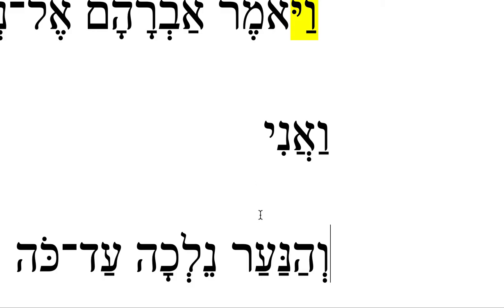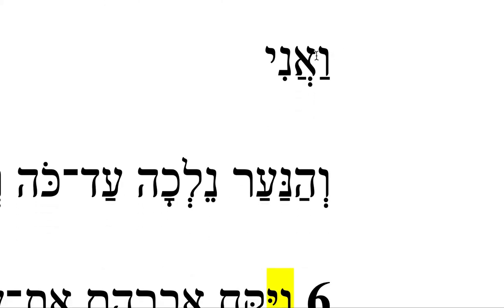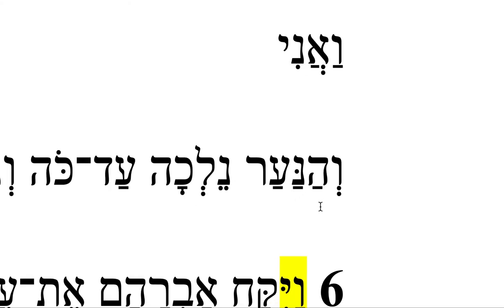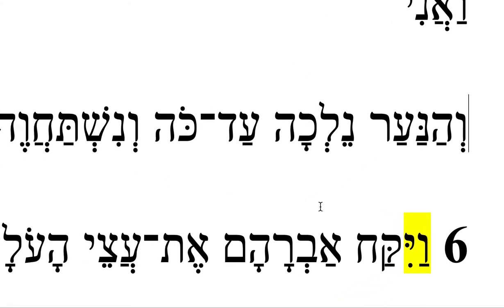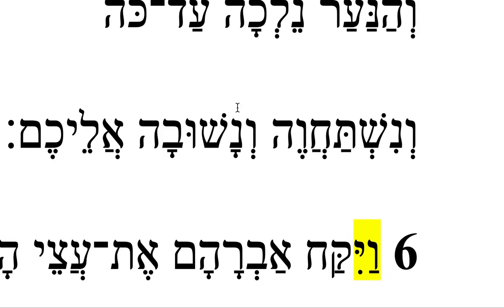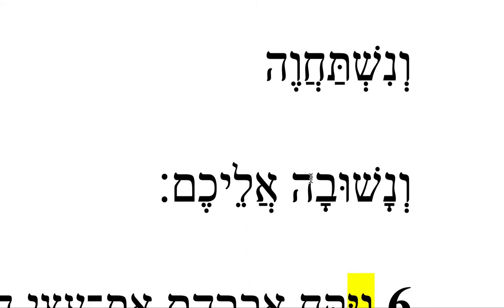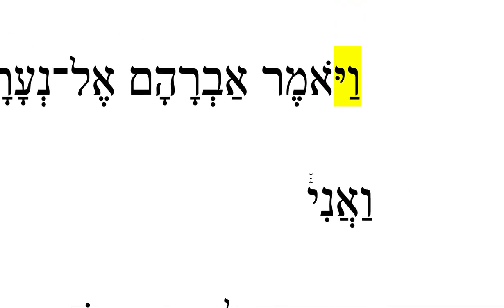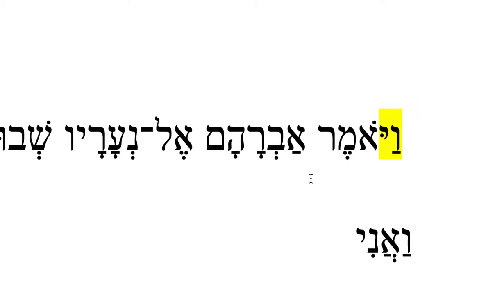Now we could say that this is a new sentence. However, ve'ani, and I, well, let's just start with dividing it as a new sentence, and then we can look at some other options. And then we have another vav right here, new sentence, and we have one more vav right here. We did not see any asher or anything like that. So basically all the vavs, we divided into new sentences.